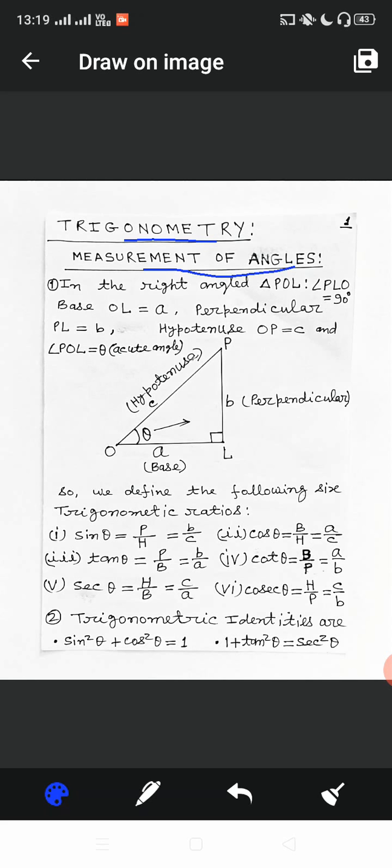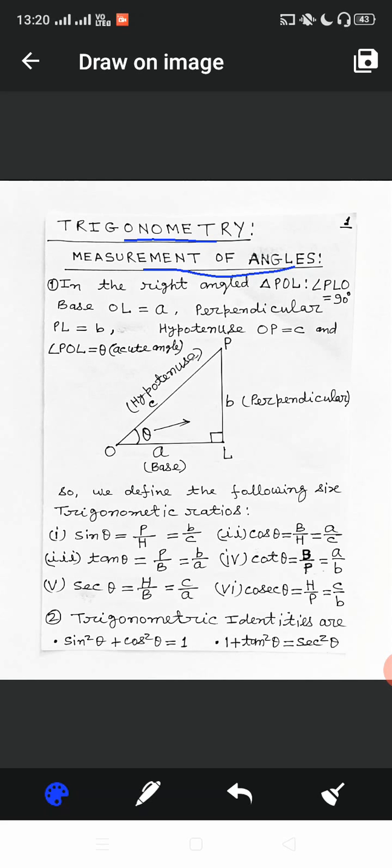Dear students, in earlier classes we have studied the trigonometric ratios of acute angles as the ratio of the sides of a right angled triangle.